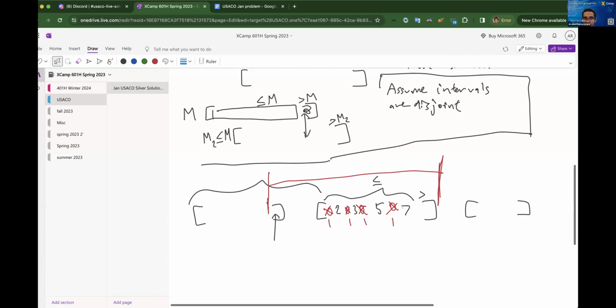But that's a contradiction, right? Because this one here was supposed to be the first element that was greater than M2. So you're not allowed to have intersections like this.